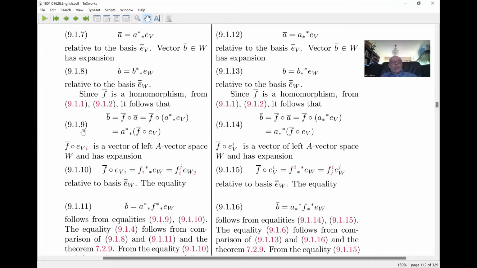Equality 1.9 follows from equalities 1.1 and 1.2. Here we use that vector a has expansion 1.7 relative to the basis e_V, and image of linear combination is linear combination of images.